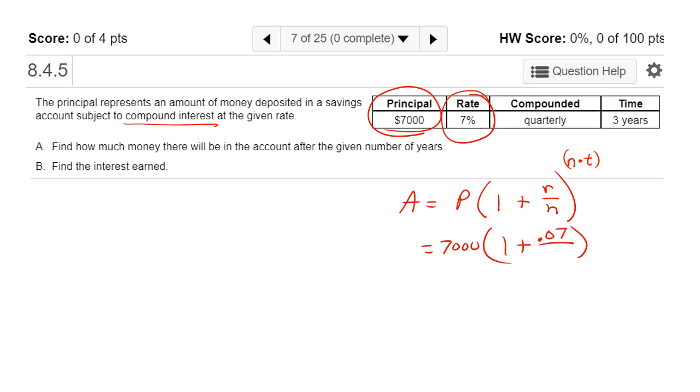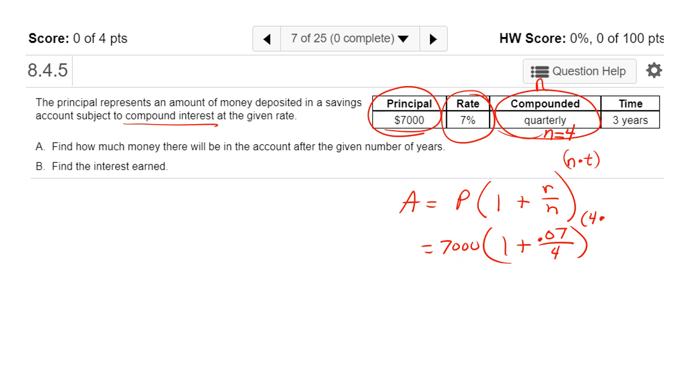Now the value N goes right here with how the interest is compounded. N means the number of compoundings per year. Since it's quarterly, we will let N equal 4 because there are 4 quarters in a year. So in this formula, I will put the 4 in the denominator, and I will also use a 4 up here in the exponent spot.